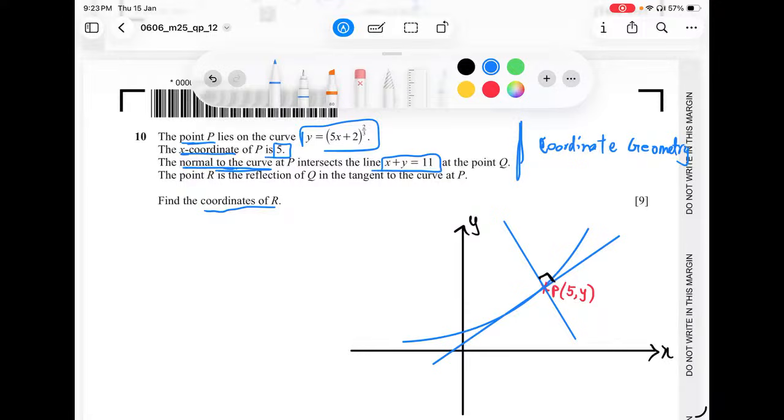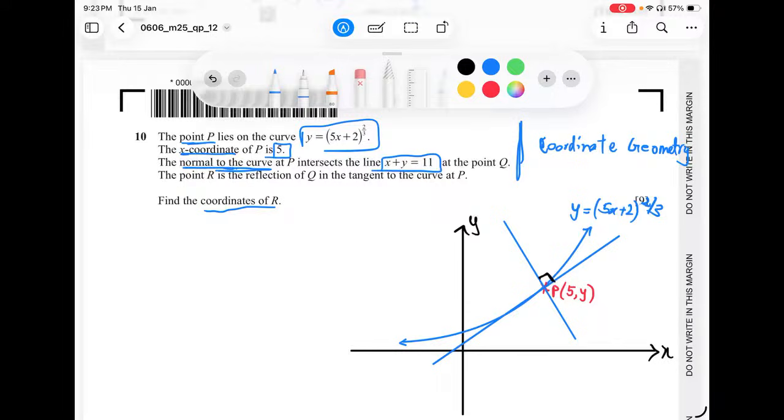Okay, let me just label everything so it's getting clearer, it's getting a little messy. So basically this curve over here, this blue line, is going to be y equals (5x plus 2) to the power 2 by 3.